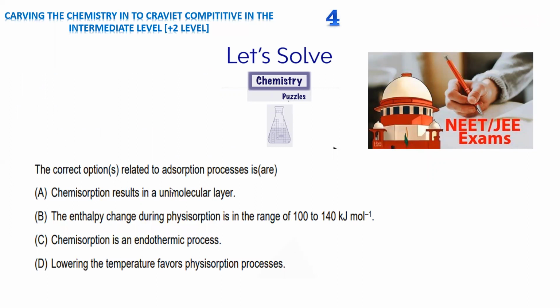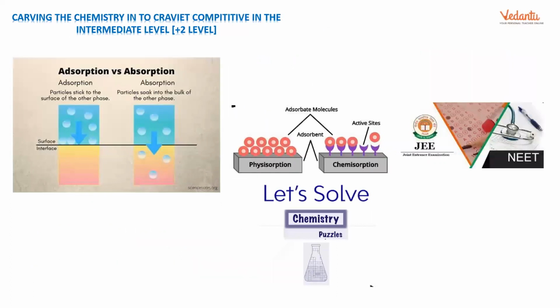The correct options related to the adsorption process are asked. More than one answer might be correct also. Right? Adsorption is the branch of physical chemistry, a part of surface chemistry. Adsorption is the phenomenon purely restricted to the surface rather than the interface.